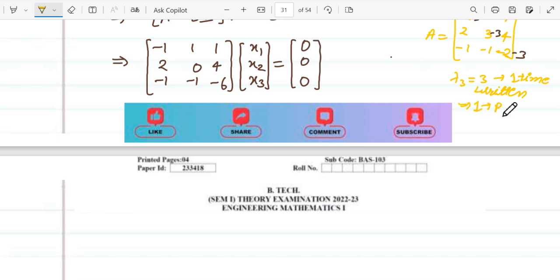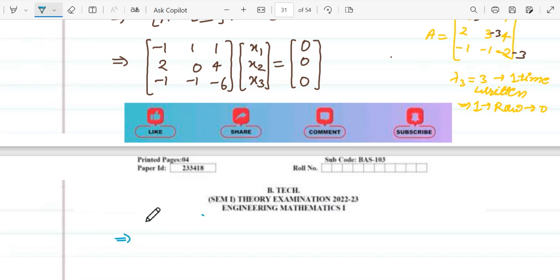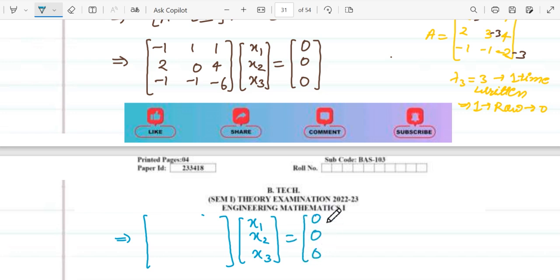This implies one row becomes 0. Let's do row reduction. The given matrix is this, x1 x2 x3, equal to 0 0 and 0, by using R2 is replaced by R2 plus 2 R1 and R3 is replaced by R3 minus R1.